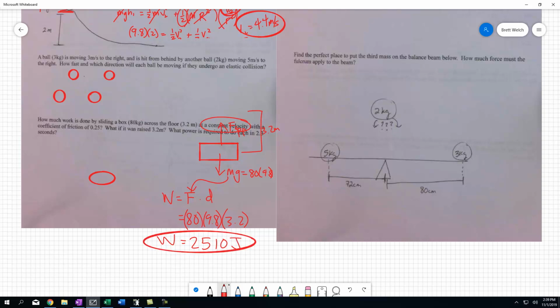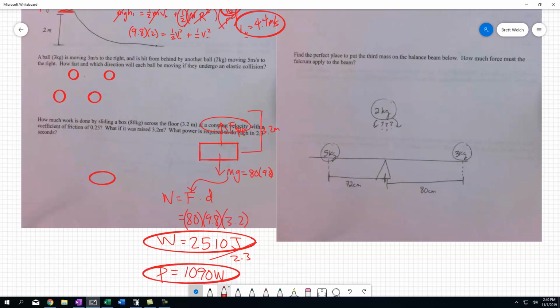And if I wanted to do that in a specific time of 2.3 seconds, you just divide that by 2.3, and the power rating required would be around 1,090 watts, depending again on how you round along the way.